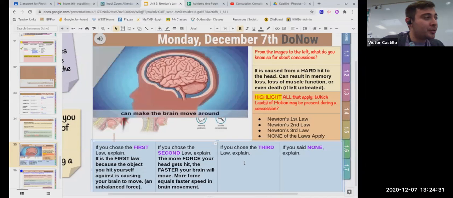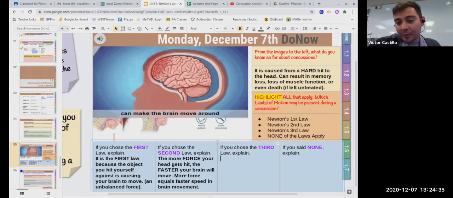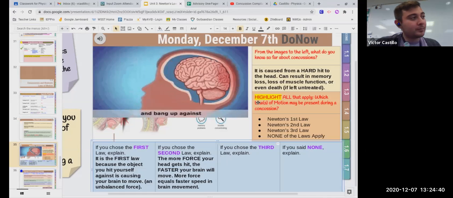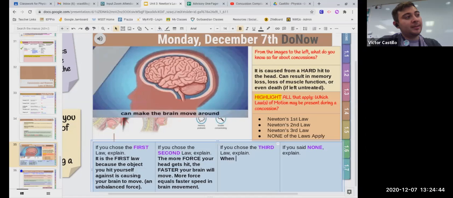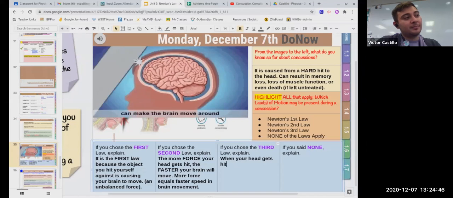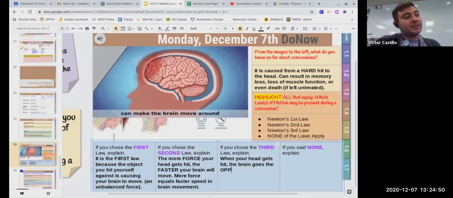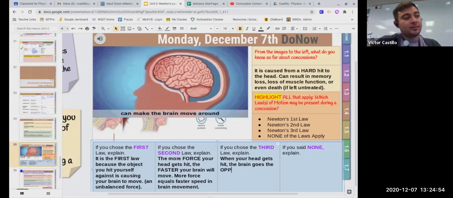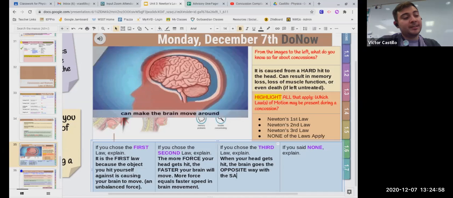The third law was the most common one. A lot of you put that when your head gets hit, the brain goes the opposite way with the same force.